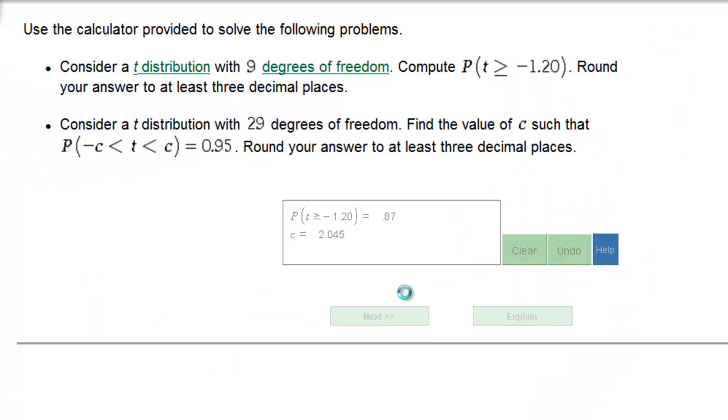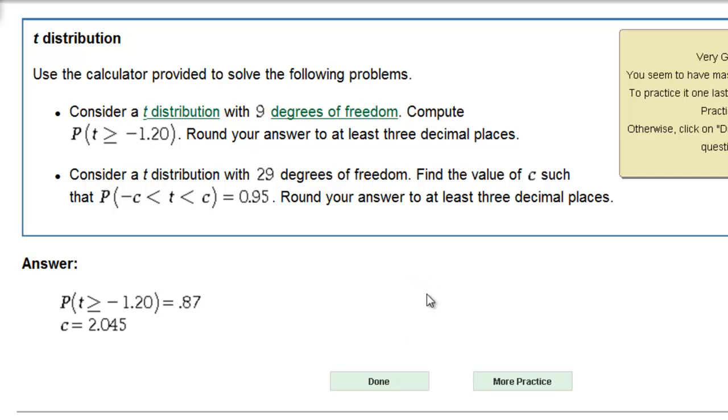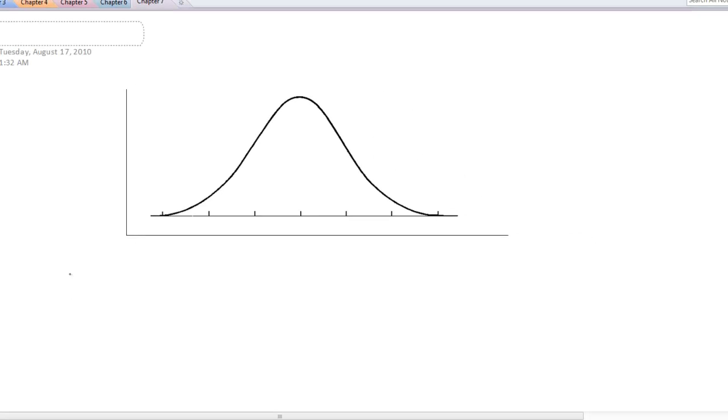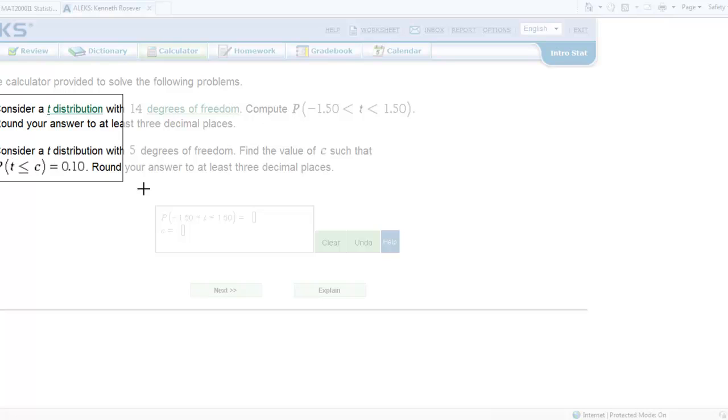Now our next problem might be a little more involved. We're going to get more practice here. Notice on this one, it's asking for the area in between negative 1.5 and positive 1.5. So real quickly, let me just click down there, take a little picture.